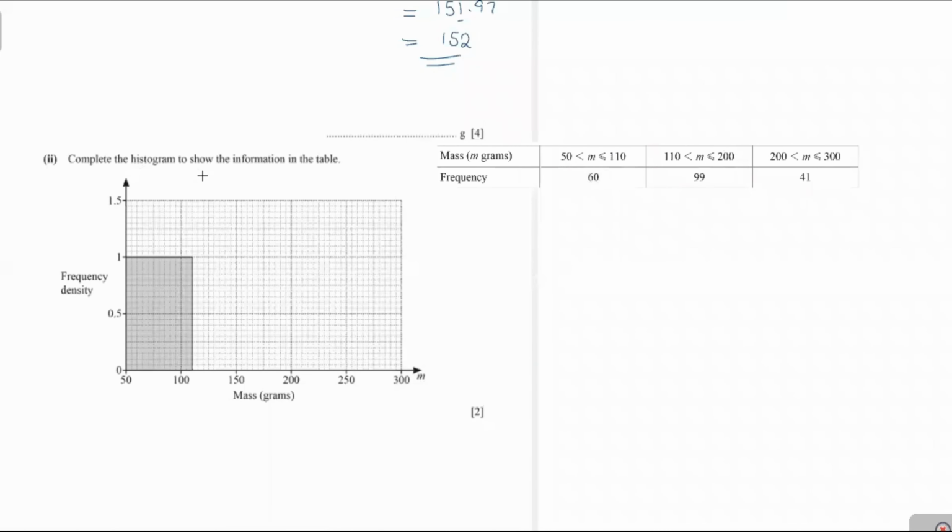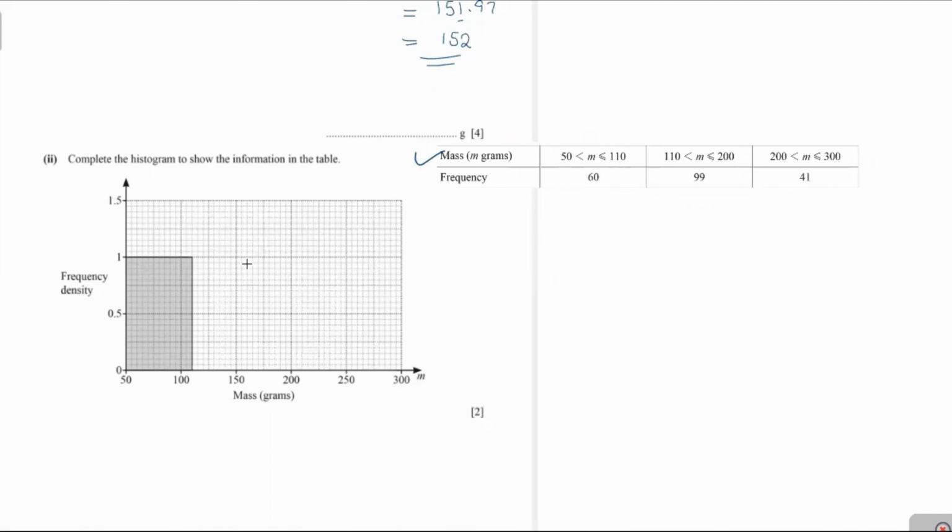Part second, complete the histogram to show the information in the table. This is the table given here, and this is the histogram. You can see here the first bar of the interval 50 to 110 is already completed. Now we have to draw other two bars.